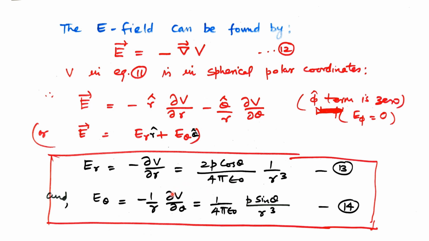In that case cos theta will give us minus sin theta, so it will be positive, and 1 upon 4 pi epsilon naught p sin theta by r cube, because 1 by r is already here and r square was there in the last slide. So we can find the electric field using the potential V. This was all about the dipole, how we can find the potential and electric field.